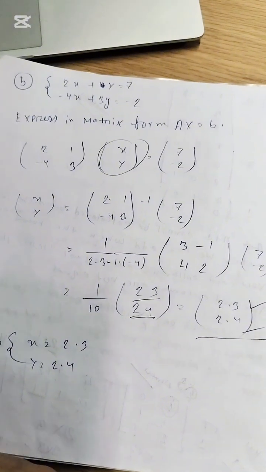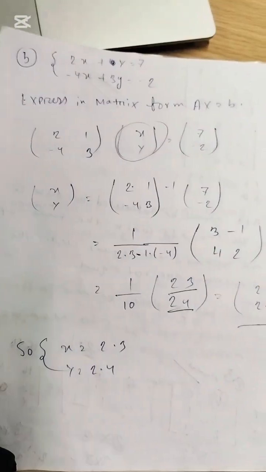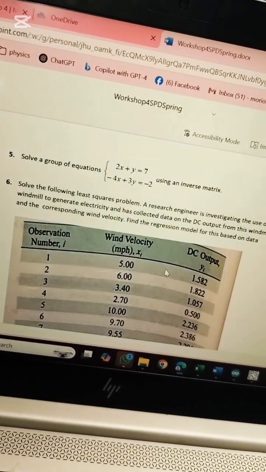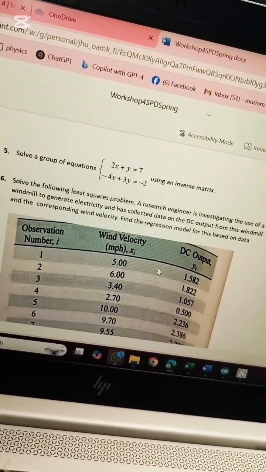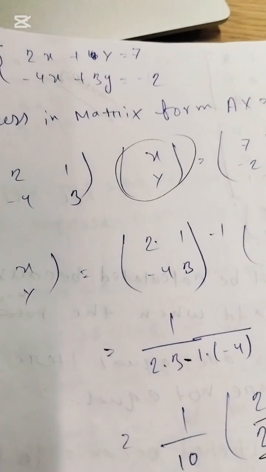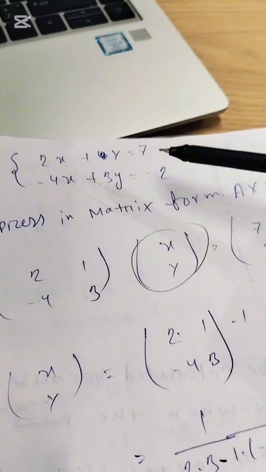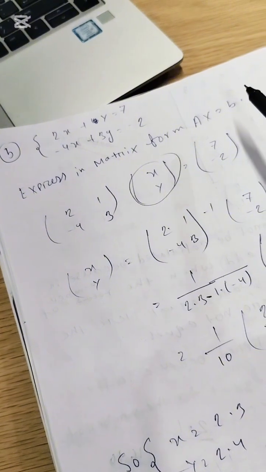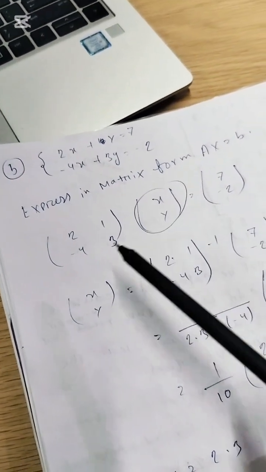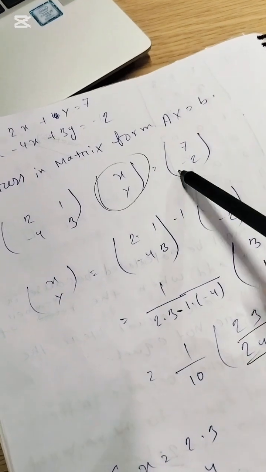Hello, this is Mariam Anum. Here I'll explain how we solved question number 5, which was about a group of equations using the inverse matrix. First of all, we write our equations and express them in matrix form as per the equation we know. This is the coefficient matrix and our constant matrix.